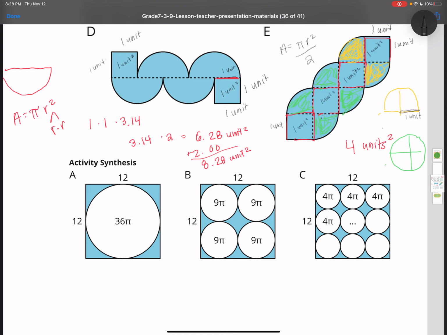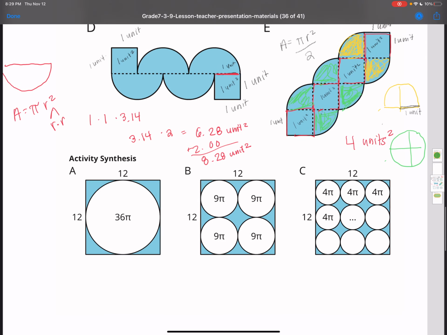All right. So I'm going to bring my work to the bottom portion of this page, so you guys can see. So I'm going to have area is equal to 3.14 times the radius, which is 1 because the side length of the square is 1 unit. So 1 times 1.